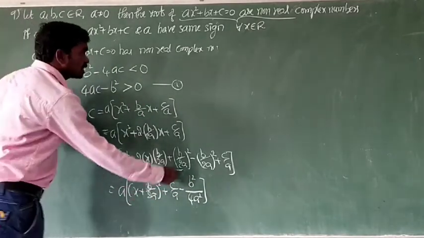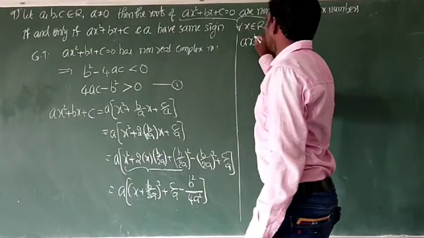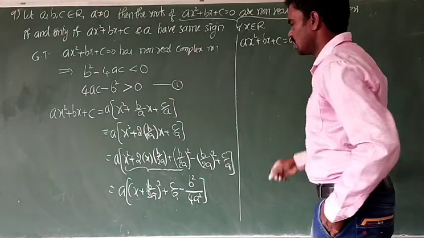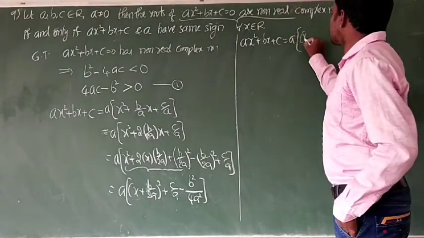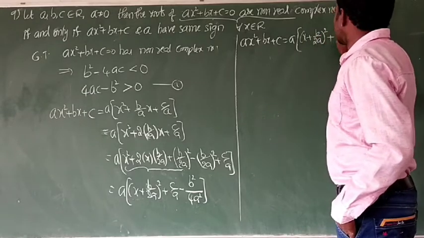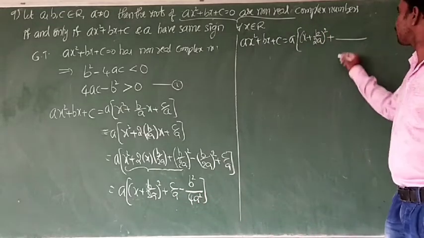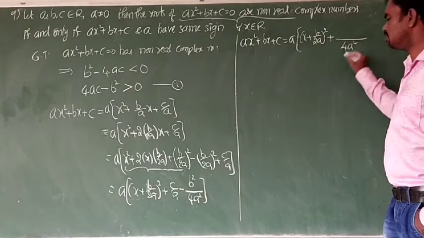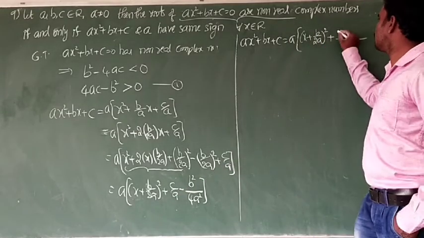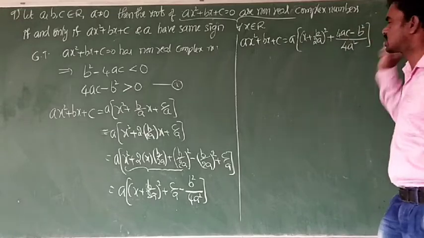So now simplifying this, ax square plus bx plus c is equal to a into, now this is as it is, x plus b by 2a whole square, and plus, see in both denominators, what is the LCM, 4a square is the LCM, already a is there, so 4a into c becomes 4ac minus b square, that's it.